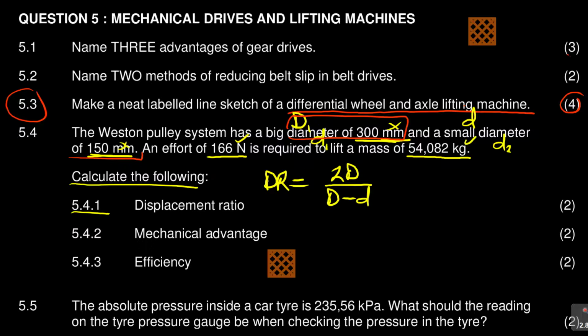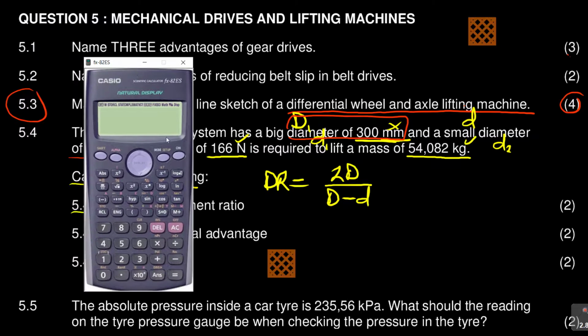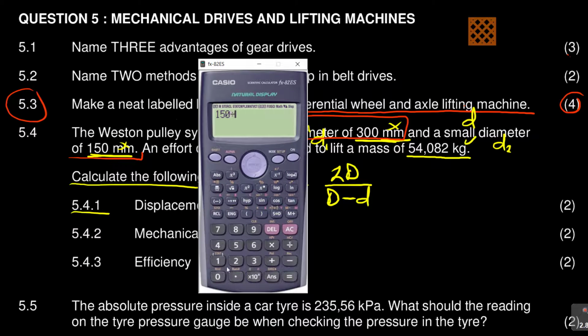So which means, don't forget, I said you need to convert. So you take your calculator and you say, okay, I need to convert that 300. So it's 300 divided by 1,000, so that you know what you write. It's 0.3. Even the 150 of the other one, you divide by 1,000. It's what? It's 0.15. You see that?